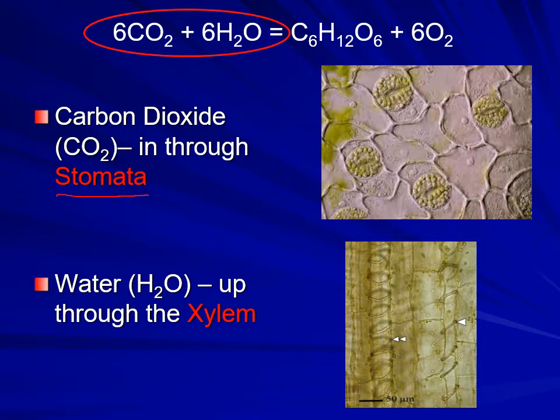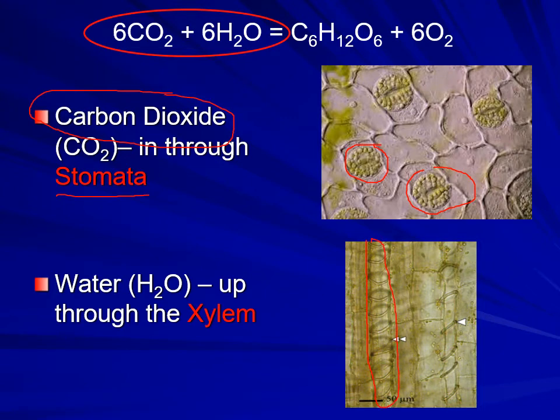You may have heard about these before. These are little pores on the leaves that can open and close, just like the garage door in a house, letting stuff in or out and controlling access. And of course, they permit the exchange of gas, in this case, letting carbon dioxide in and O2 out, where the xylem, which we discussed last week, delivers the water.